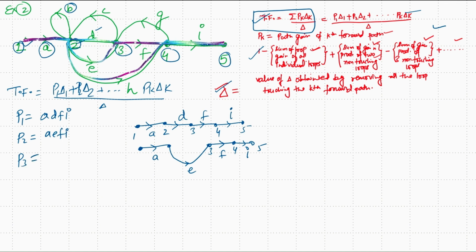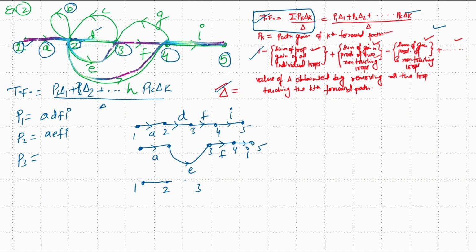Similarly, we have forward path 3. Let me again redraw this.